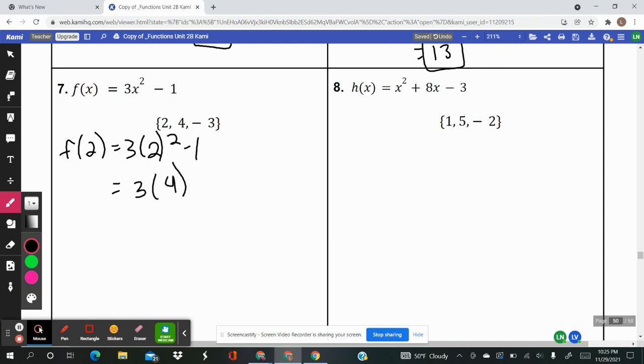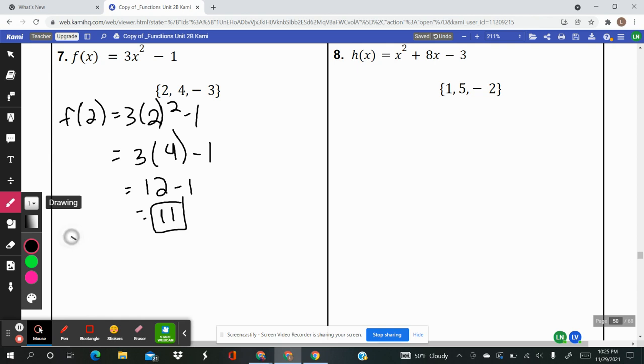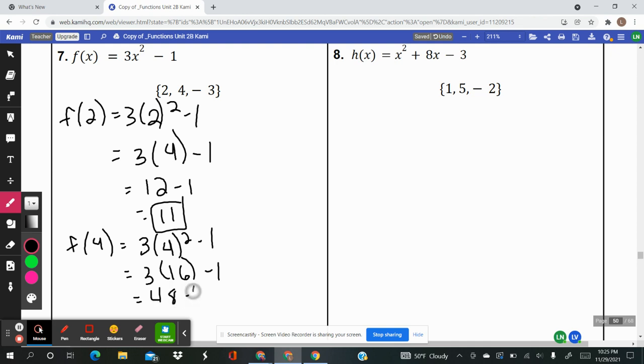So 3 times 4 minus 1 becomes 12 minus 1, which equals 11. Next, we have f of 4. 3 times 4 squared minus 1. 4 squared is 16, so 3 times 16 minus 1. 3 times 16 is 48. Minus 1, 48 minus 1 is 47.